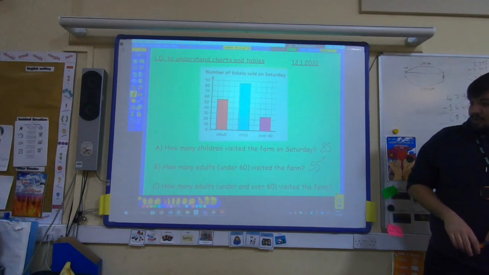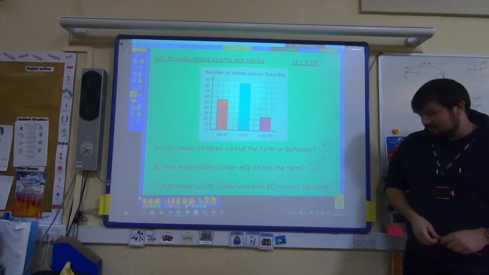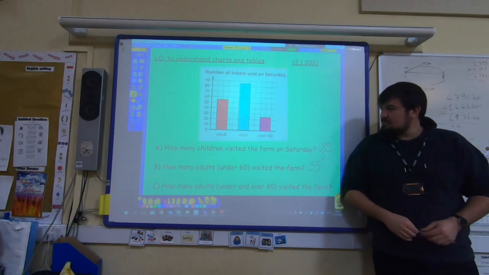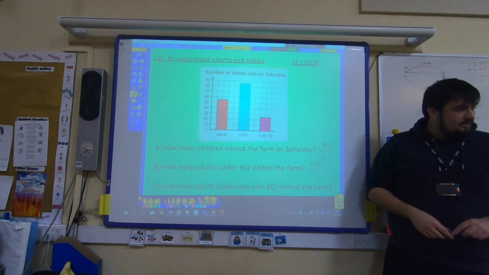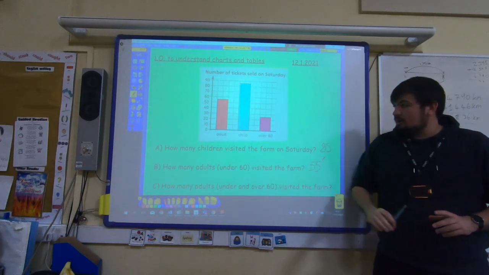Ellie May, last one. How many adults under and over 60 visited the farm? What have I got to do for this one? Add them together. Yeah, which ones am I going to add together? The purple one and the... Yeah, I'm going to add the red and purple one together.